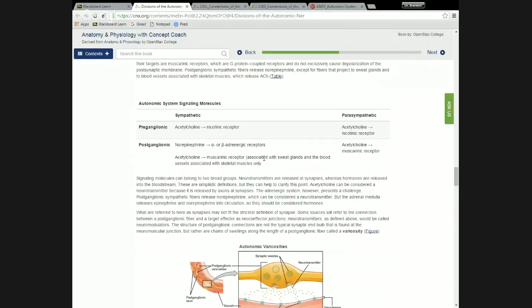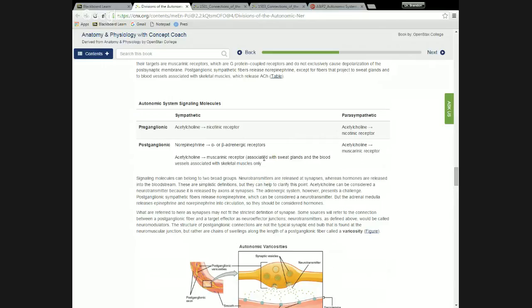And there's a reason why I'm being general about it right here. But preganglionic sympathetic fibers, postganglionic sympathetic fibers, preganglionic parasympathetic fibers, postganglionic parasympathetic fibers. All this is laid out in the table, and it tells you what each one releases.